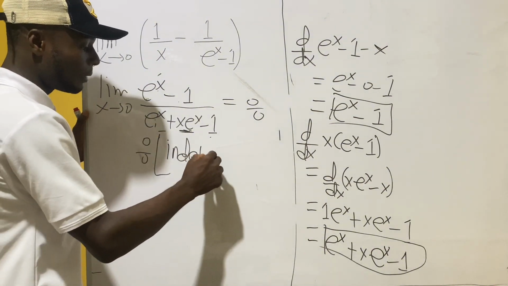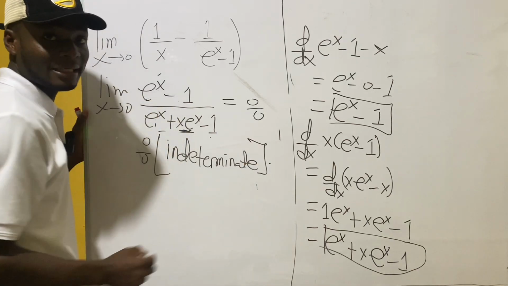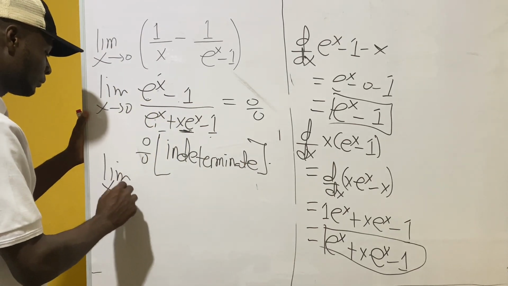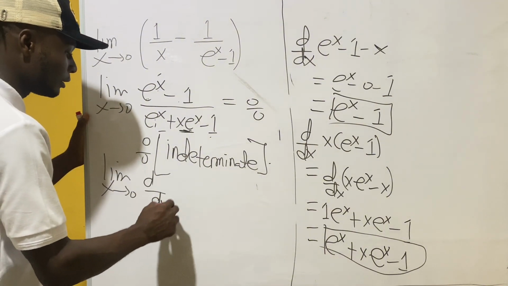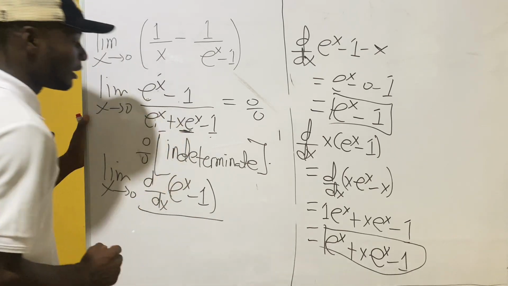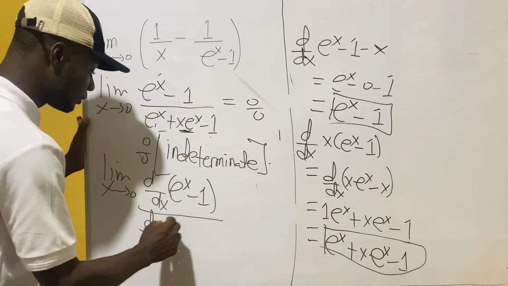That is, we are applying L'Hopital's rule the second time. So let's go. Differentiate the numerator with respect to x over the derivative of the denominator with respect to x.